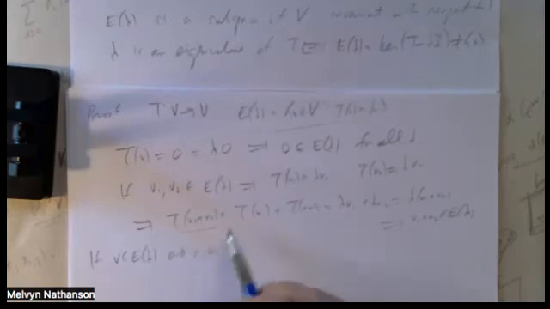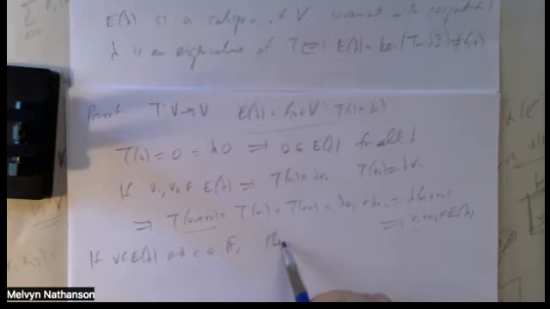Also, if V is in E of lambda and C is any scalar, then T of C times V is C times T of V. That's C times lambda of V. But C times lambda is the same as lambda times C. So this is lambda times CV.